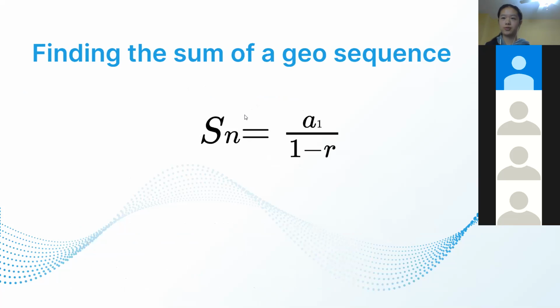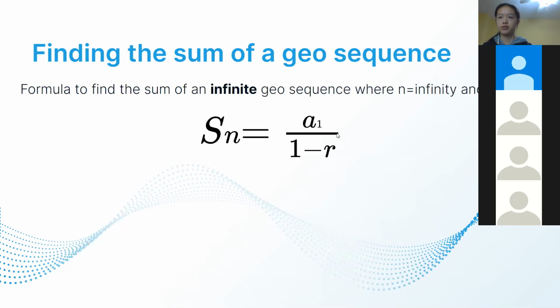This formula is for if there are an infinite number of terms and r is less than 1 but greater than 0, or in other words, the absolute value of r is less than 1. So this is for if the terms will continue to shrink.